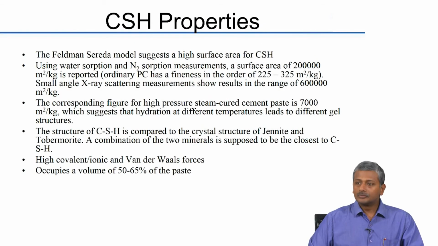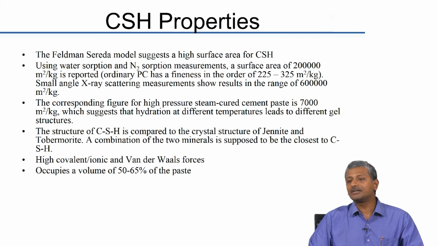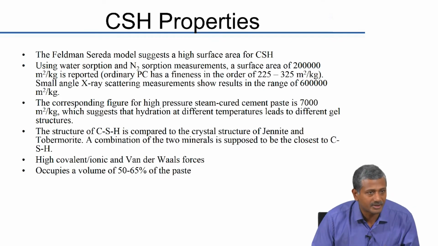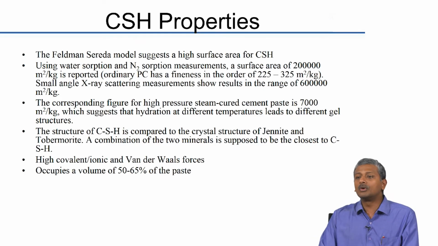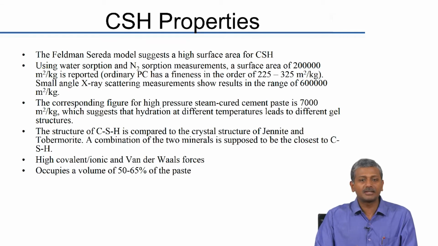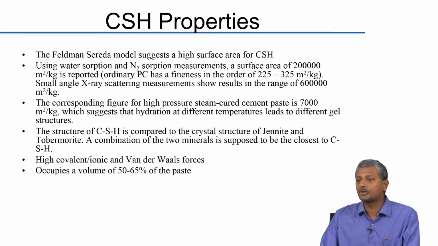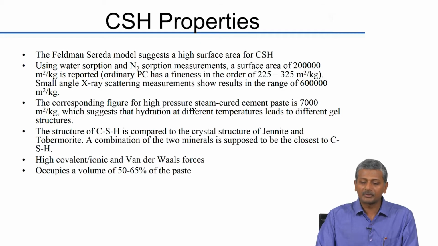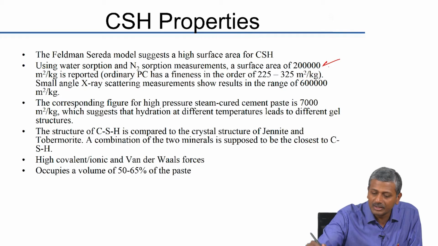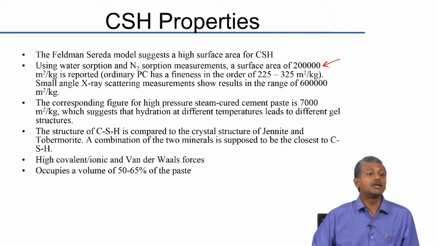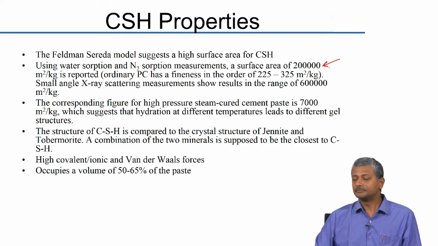So obviously from this structure the one aspect that comes out clearly is that CSH should have a very high surface area. Now there are different techniques of measuring surface area. One of the common techniques is the adsorption technique. So you can do an adsorption on CSH surfaces either by water molecules or by nitrogen, and nitrogen adsorption is quite highly favored, and that seems to suggest that CSH has a surface area of nearly 200,000 square meters per kilogram.